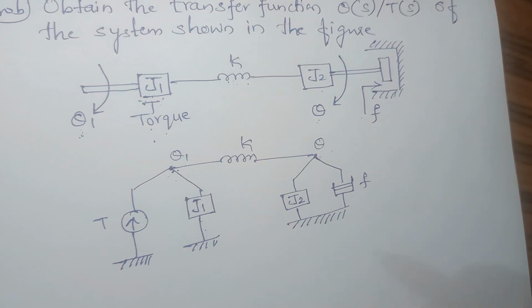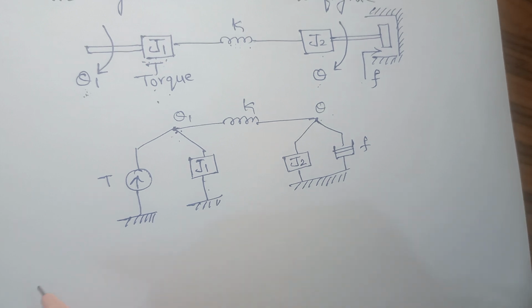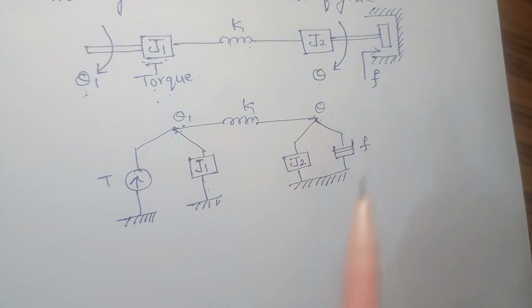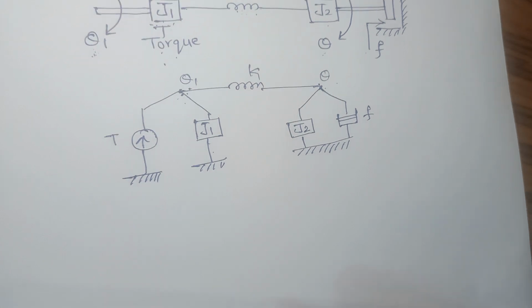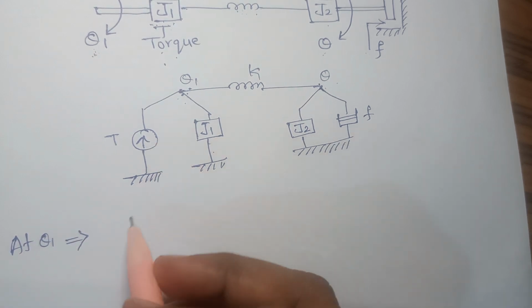Now we need to write the equilibrium equations for these. As we have two nodes, we will have two equilibrium equations. First we will write for theta 1, that is at the first node.